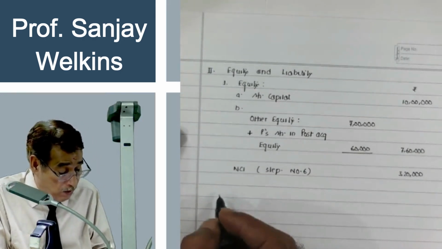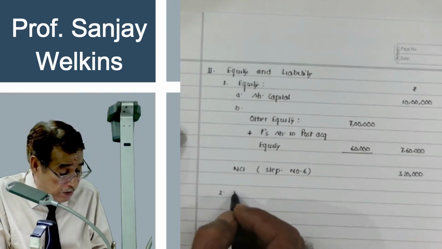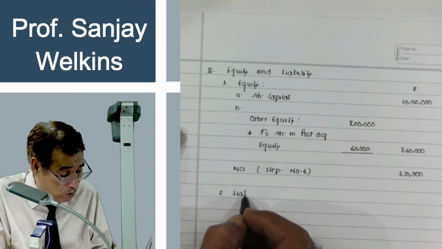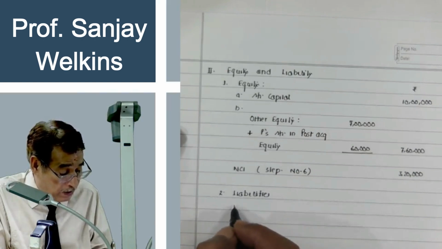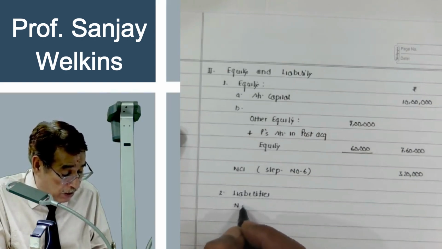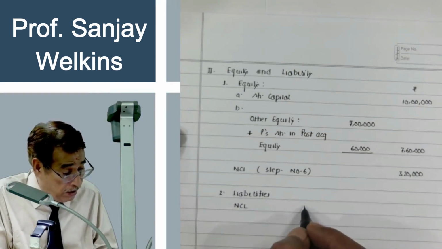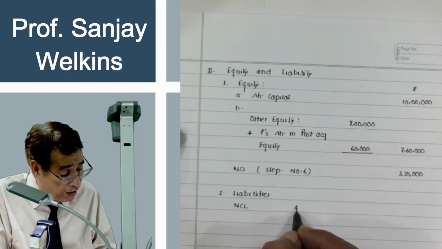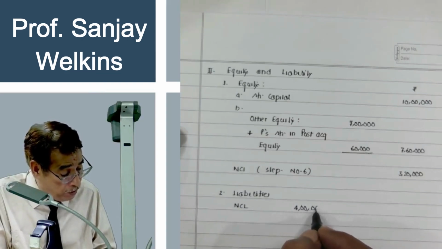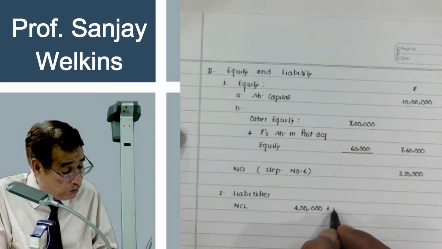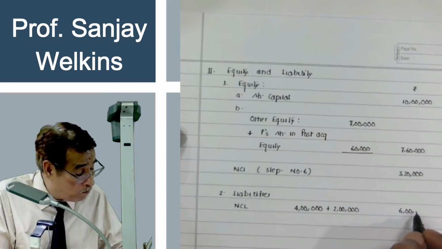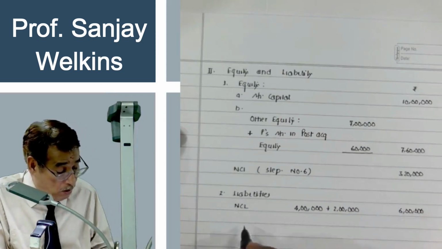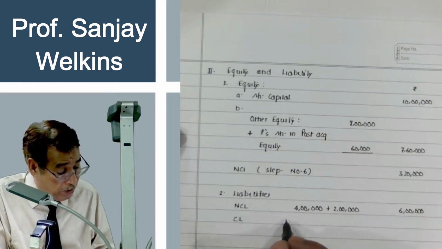Then you have to write here liabilities. As far as liabilities are concerned, first of all, non-current liabilities. Ours was 4 lakh and our subsidiary company's was 2 lakhs. So we will write here 6 lakhs. Then we will write here current liabilities.